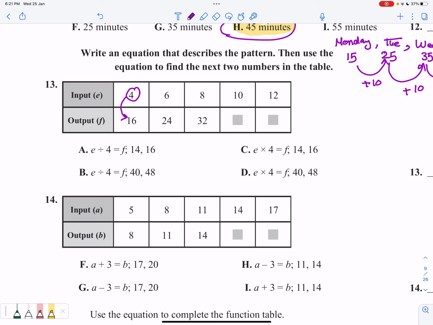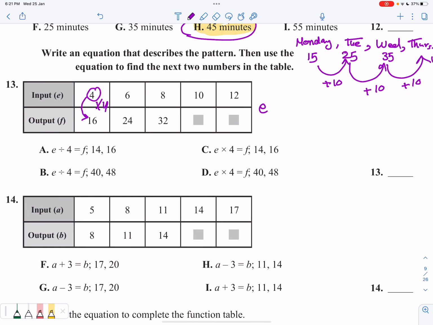Of course, by multiplying it by 4. So let's write the equation. The input is E. We multiply it by 4. We get the output, which is F. So each time we take that number, we multiply it by 4.